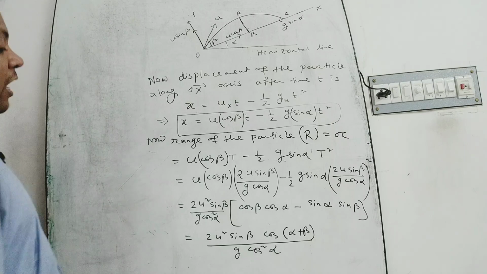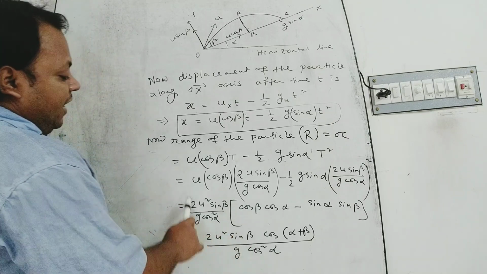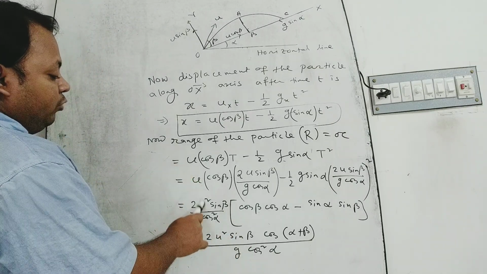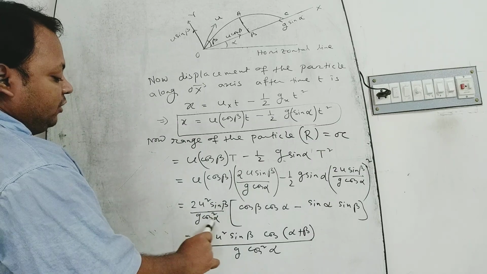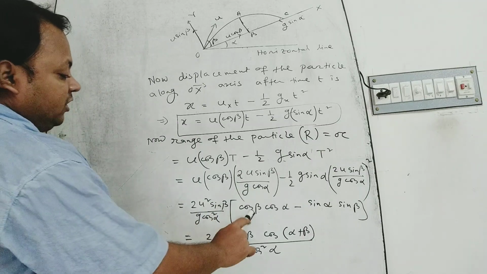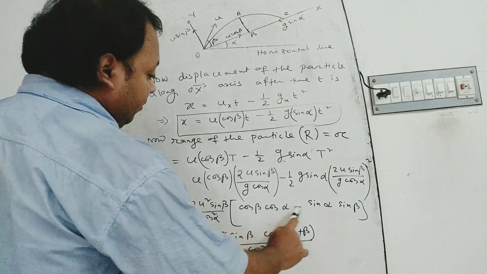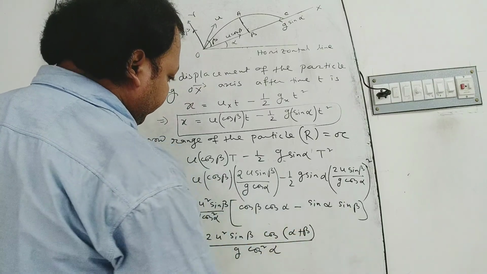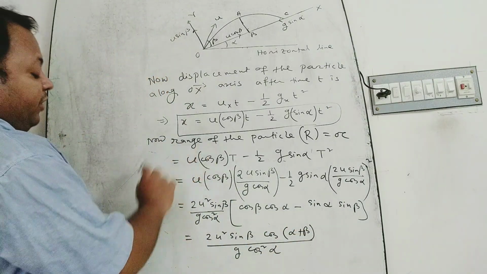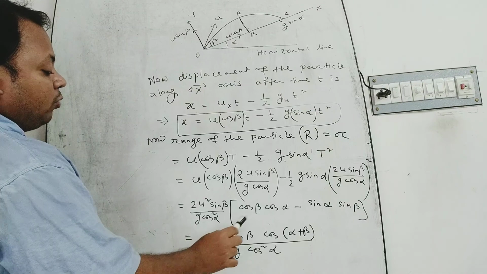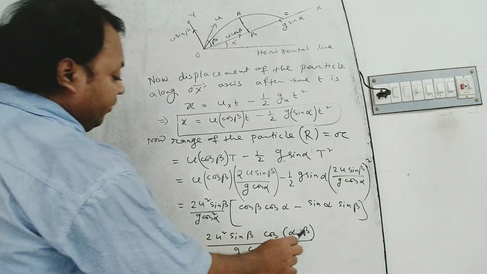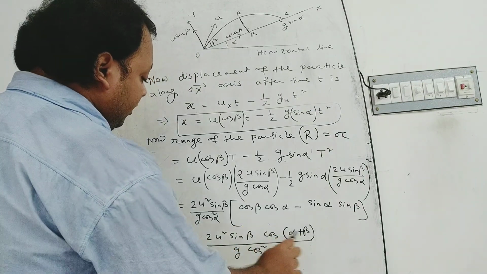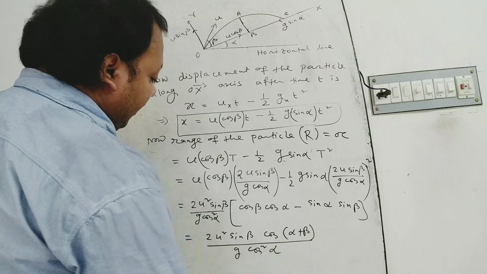Now we can write that R is equal to 2u square sin beta by g cos square alpha into cos beta cos alpha minus sin beta sin alpha. Therefore, range R is equal to 2u square sin beta cos alpha plus beta, whole divided by g cos square alpha.